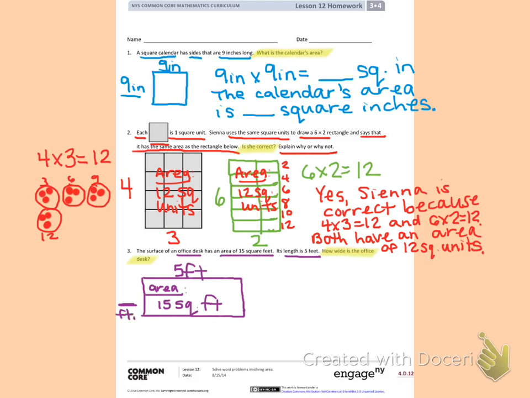Now let's go ahead and use an equation to help solve this problem. We know that if we multiply the two side lengths together, we get the area. So we'll multiply this unknown side length times 5 feet, because that number was already given, and that equals 15 square feet.